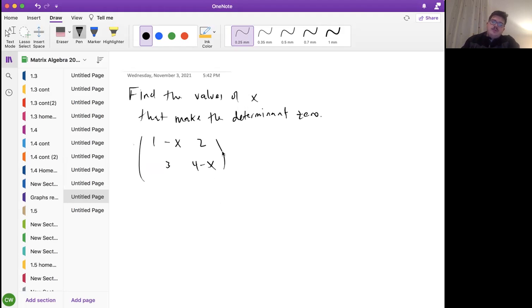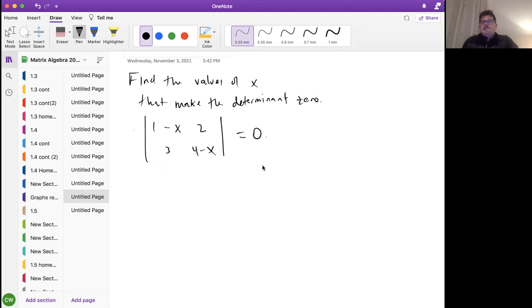Okay, so what's the determinant? So it's the product of the diagonal. Okay, and then let's FOIL it out.